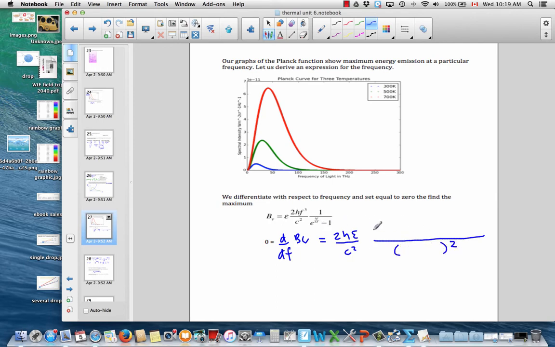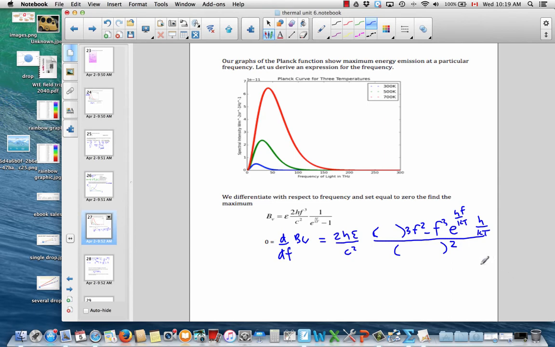And then we'll have this same bracket times the derivative of the f cubed, so that is just 3f squared. And then we subtract the numerator, which is f cubed, times the derivative of the denominator. So the derivative of an exponential function is itself, times the derivative of the exponent. So the frequency derivative of the exponent gives us a factor of h over kT.